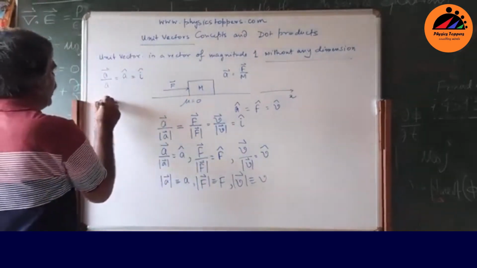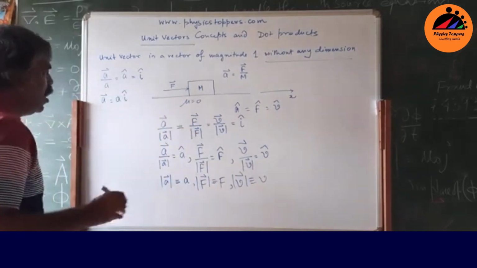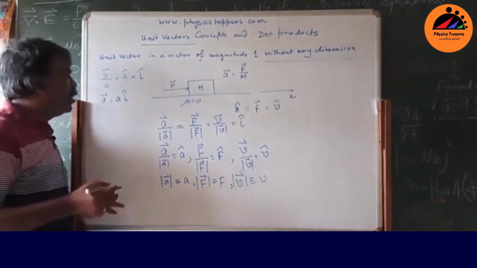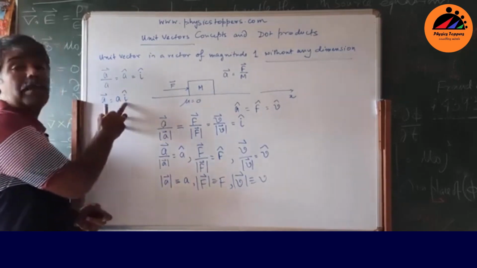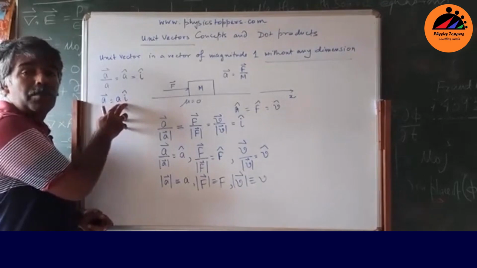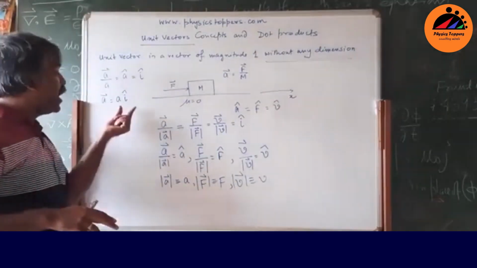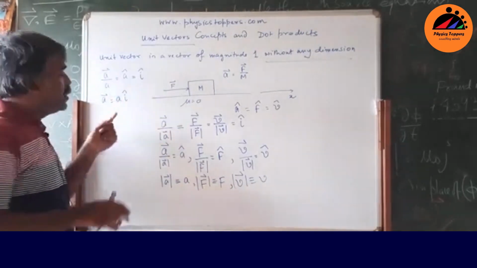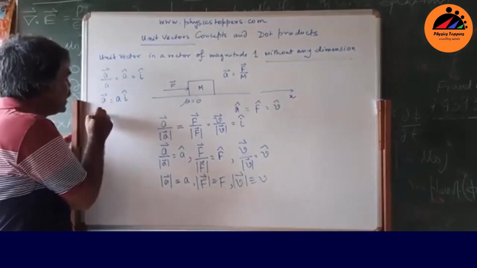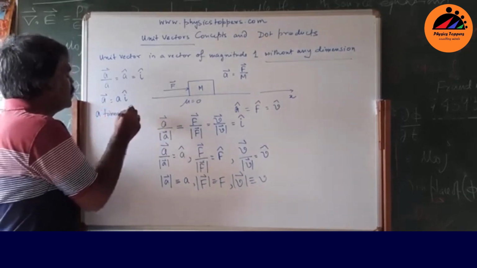Now a vector then is a i cap. Now you might be thinking, what is between a and i? Means this is a product. So I tell you, there is nothing between a and i hat. This is read as a times i hat.